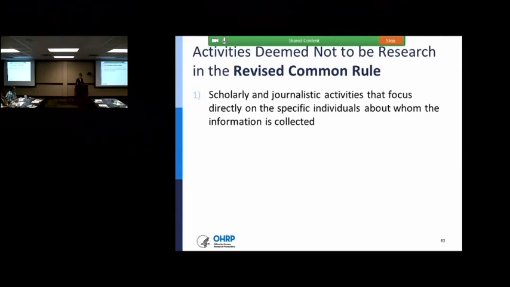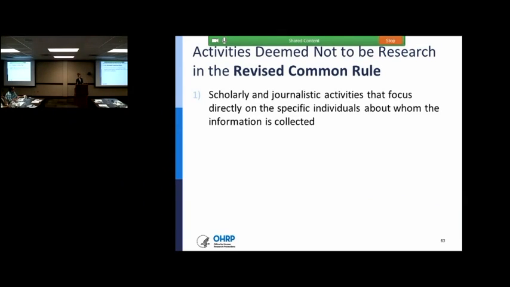So the first is scholarly and journalistic activities focusing on specific individuals about whom this information is collected. Some of the kinds of activities that are provided as examples, but this isn't a restricted set, are oral history, journalism, biography, literary criticism, legal research, or historical scholarship. So the important point here is that it focuses on specific individuals, right?